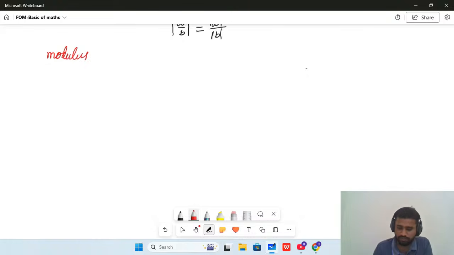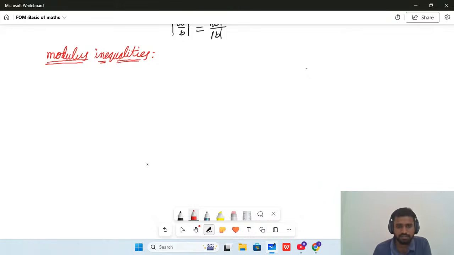How many types of modulus inequalities do we have? So far we have categorized these modulus inequalities into 7 types. Most of the questions will be based on these 7 types only. Other than this, no other types are there. So most of the questions will be framed on these 7 types only.